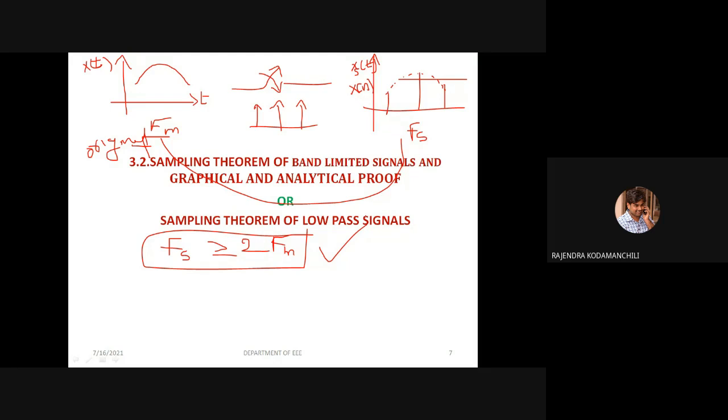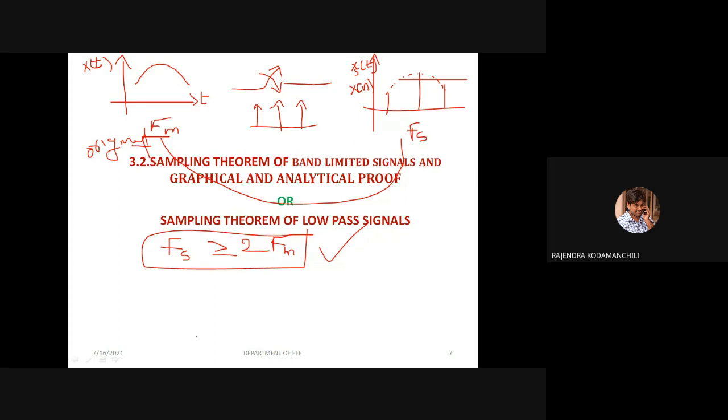Once we get a sampled output, it is used to reconstruct the original signal without losing any information or data when the sampling frequency is greater than or equal to twice the fundamental frequency. I already told you the frequency of the original signal is called Fm, the fundamental frequency. The frequency of the discrete signal is called the sampling frequency.